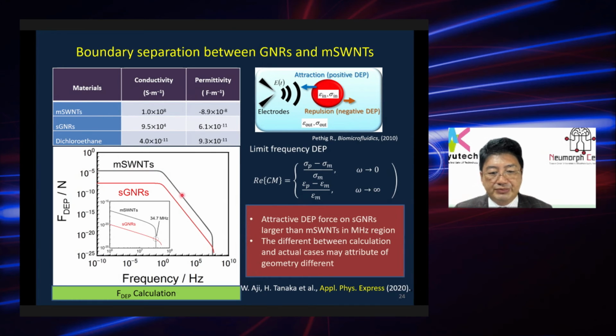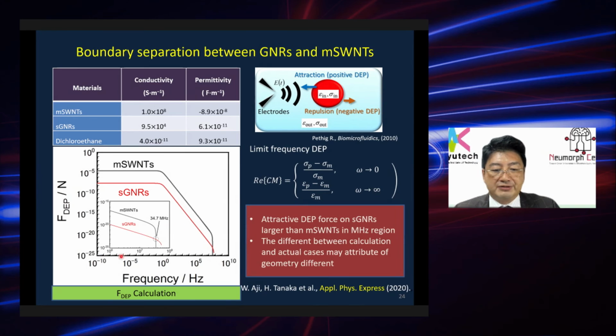Around 10 megahertz, the DEP force is attractive. The upper region is attractive force, so the sample is moving close to the electrode. The attractive force crosses over at around 10 megahertz here.